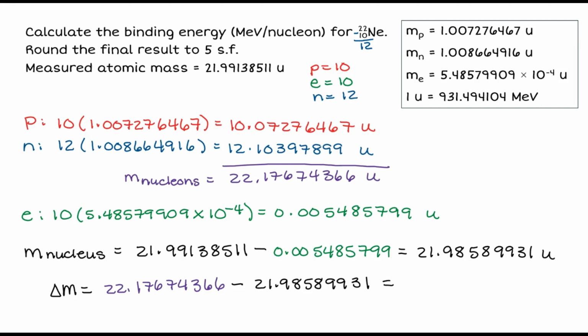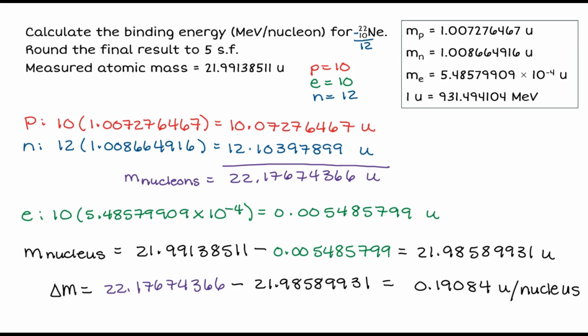Doing the math, that gives us 0.19084 u per nucleus for our delta M. I think you can see what I was talking about when I said these calculations can be tedious and there are lots of places where mistakes can happen.